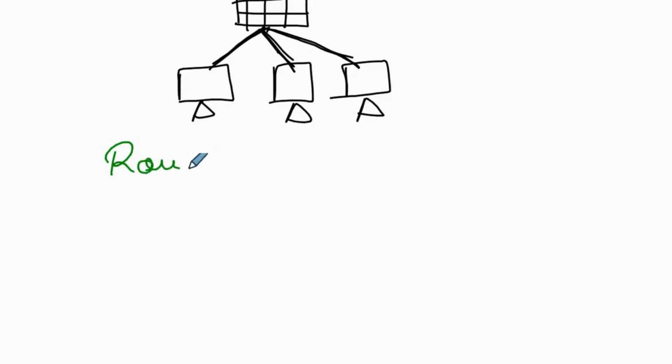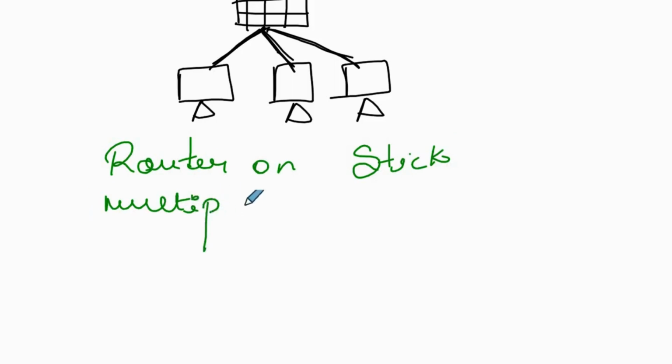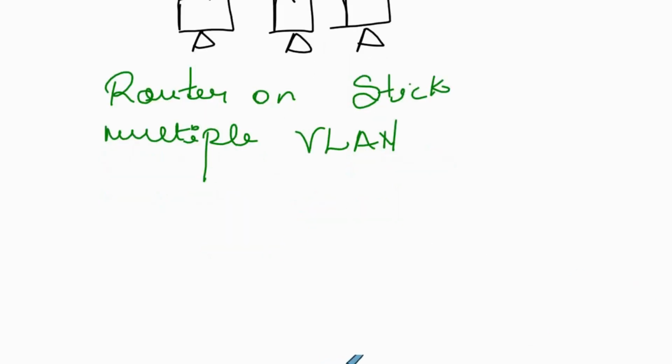Router on a stick routes between multiple VLANs using a single interface on the router. The switch interface is configured as a regular trunk.